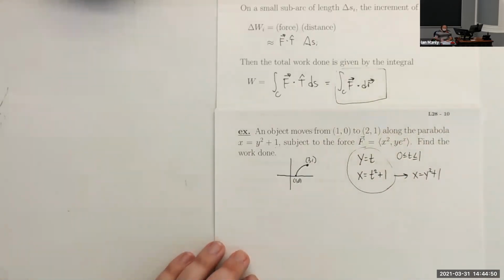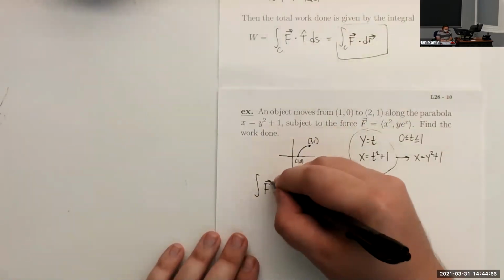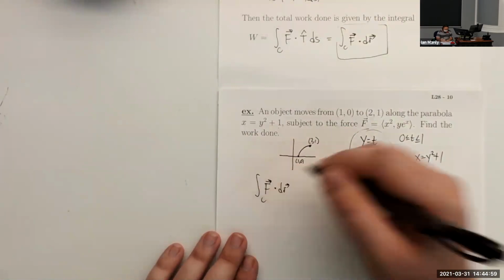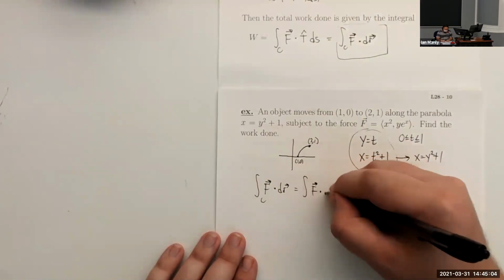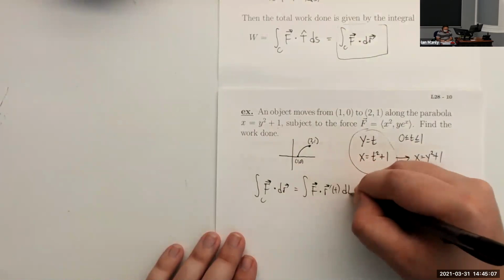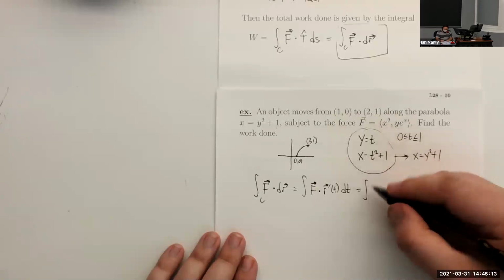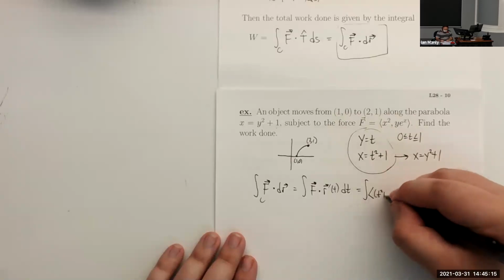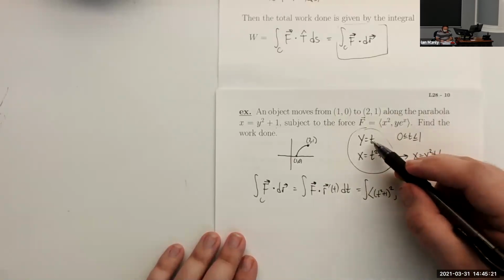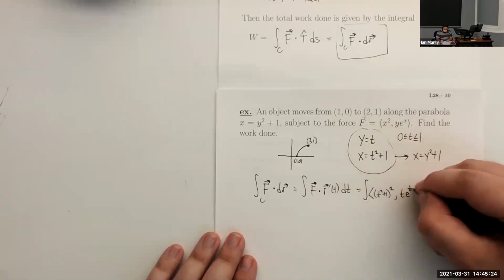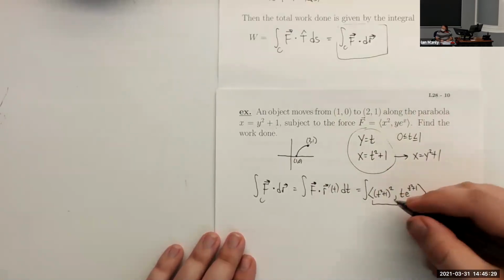All right, so let's go ahead and do this. We're trying to compute the integral of F dot dr here, and the way we're going to imagine this is F dotted with r prime of t dt. Let's see. Our F in terms of t will be (t squared plus 1) squared, that's what x squared is, and then t e to the t squared plus 1. So this is what F is right here.